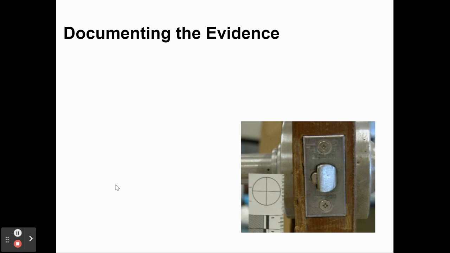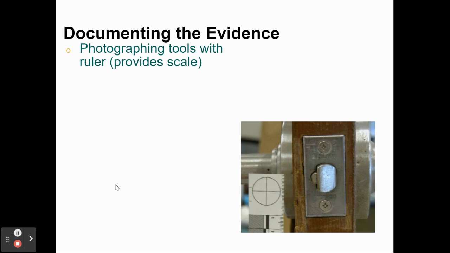So in terms of documenting evidence with regard to tool marks, you want to get as much detail as possible, right? So in all of the photographs, like we've talked about with other evidence, you're going to photograph it first and foremost. You want to get as much detail as is possible. So you're going to want to show where those tool marks are, the length, the width.